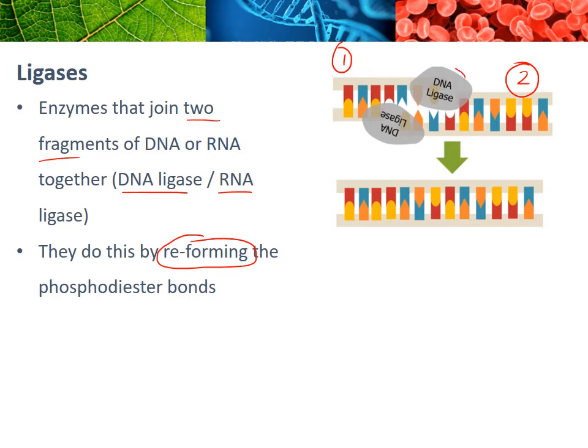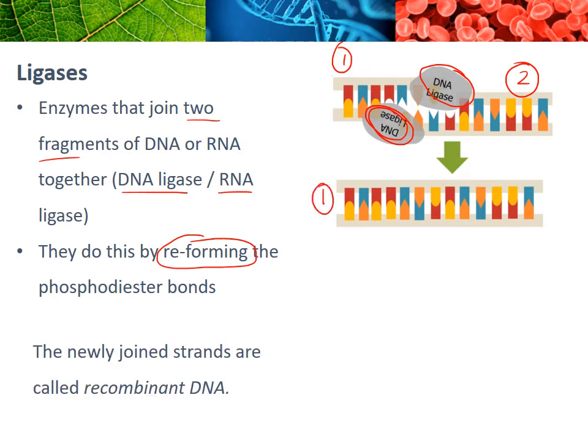DNA ligase will rejoin these bits here, those phosphodiester bonds, and we will end up with now just 1 strand of DNA. We call this recombinant DNA because we have basically recombined 2 different strands of DNA together. So this here is a recombinant DNA.